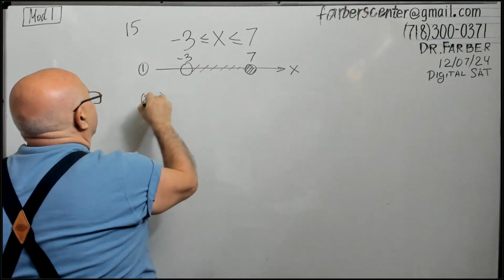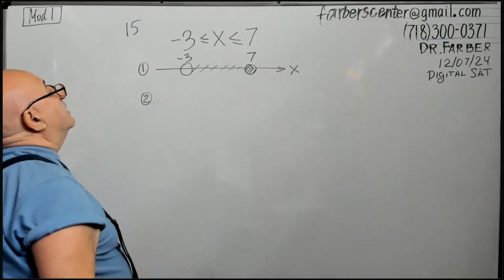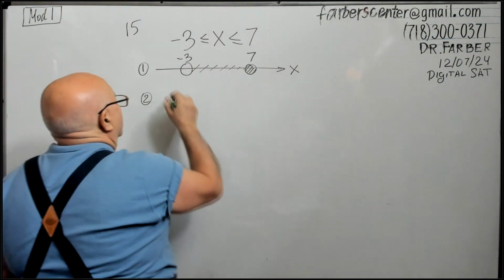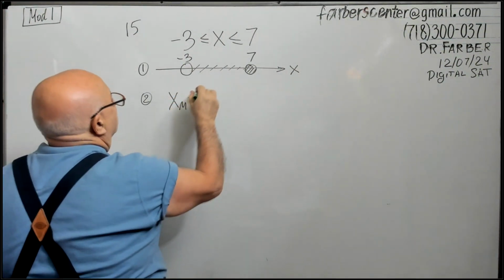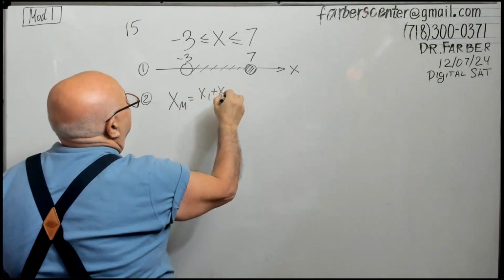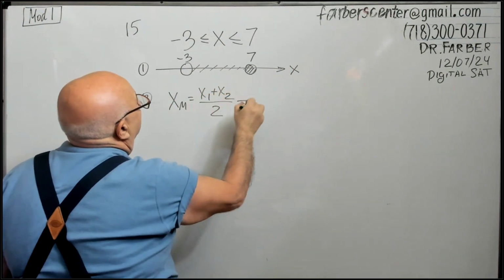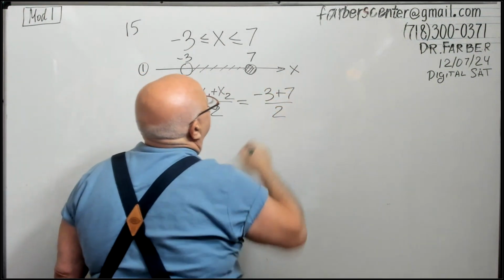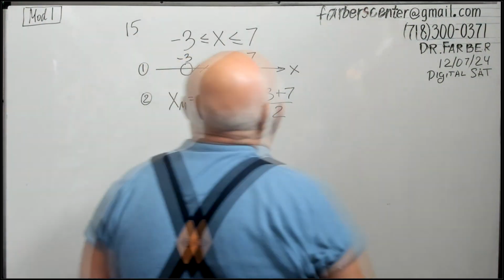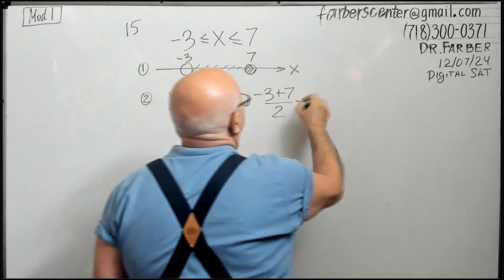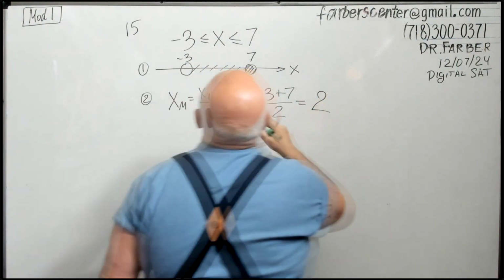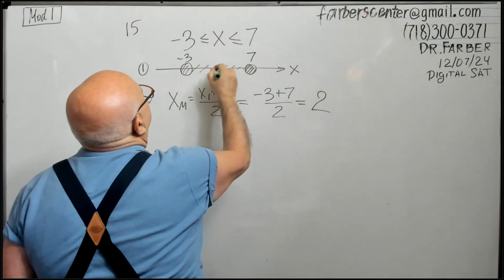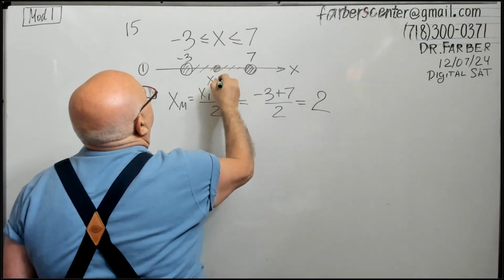Step number 2, we name it the midpoint algorithm. X midpoint equals x1 plus x2 divided by 2. Negative 3 plus 7 divided by 2 is 4 divided by 2, which is 2. X midpoint equals 2.